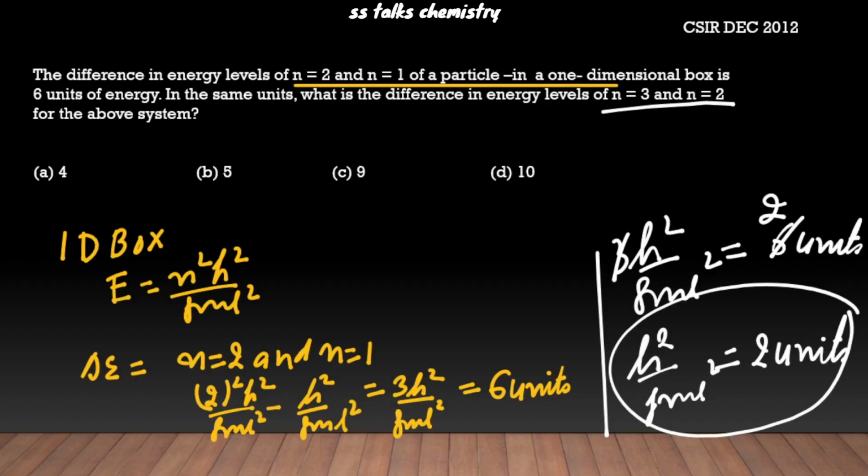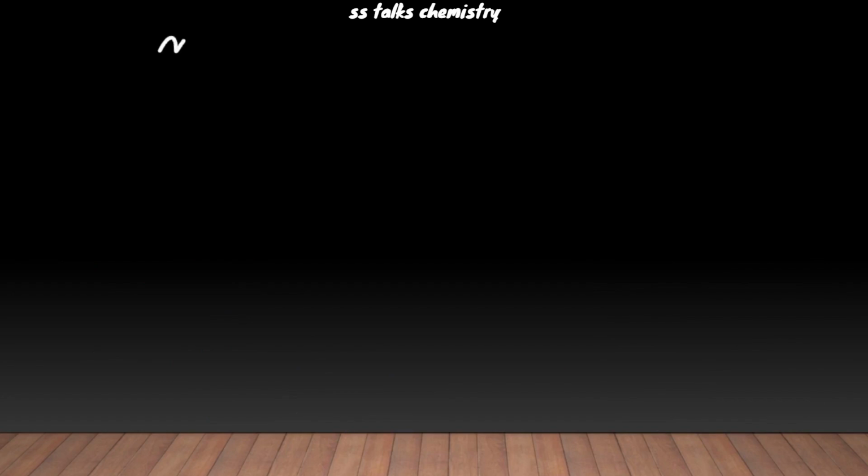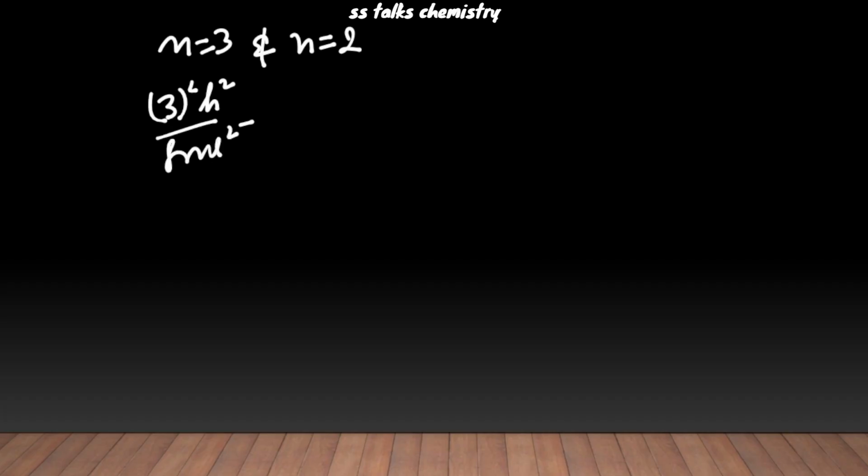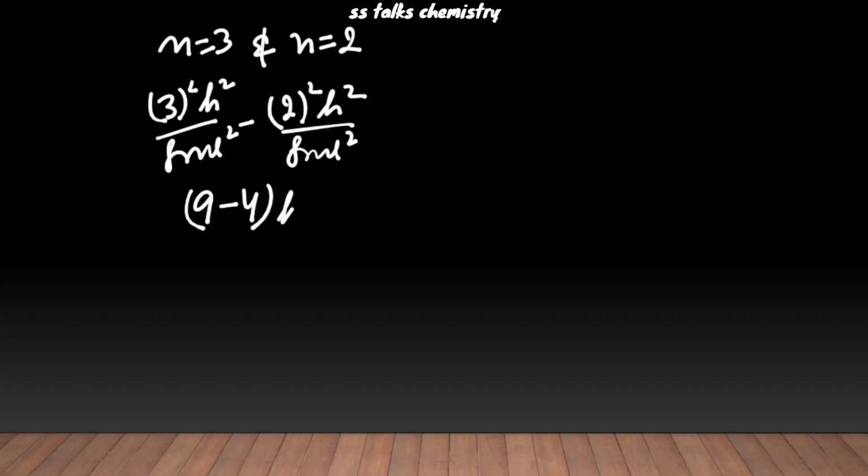So in the same units we have to give the answer for n equal to 3 and n equal to 2. So energy will become 3 square h square upon 8 m l square minus 2 square h square upon 8 m l square. So it will come out to be 9 minus 4 into h square upon 8 m l square, that is 5h square upon 8 m l square.